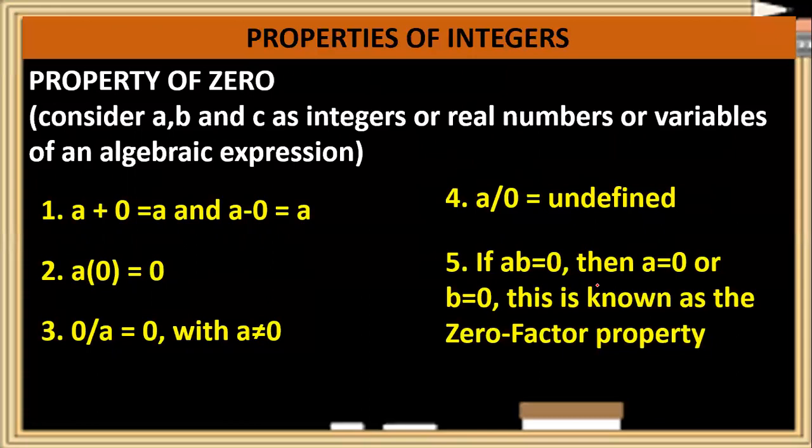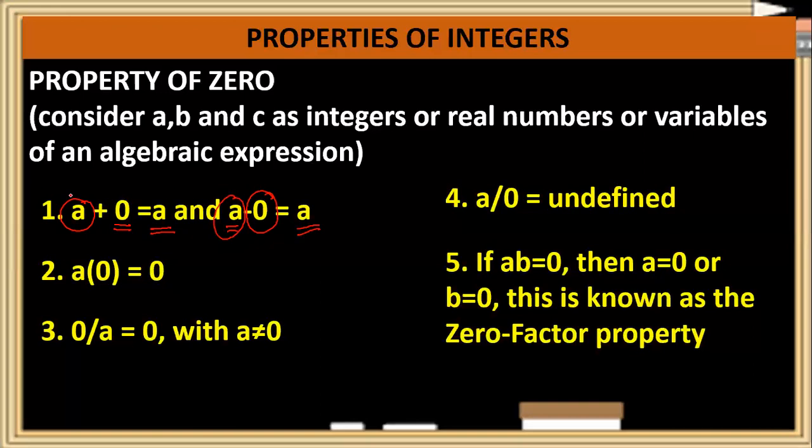Any integer added to 0 will always give you that particular integer. Any number subtracted by 0 will still give you the same particular integer or number.